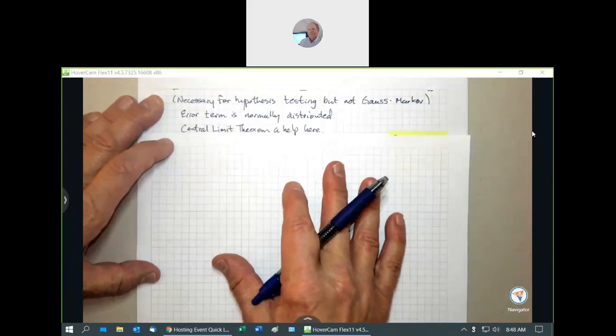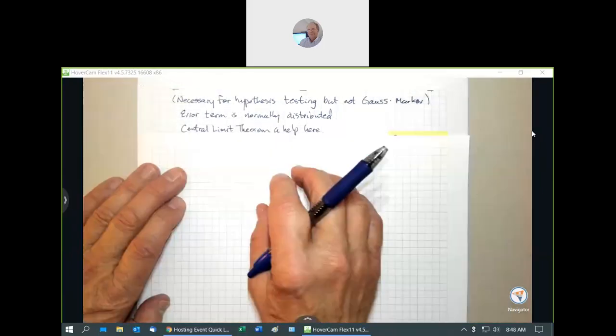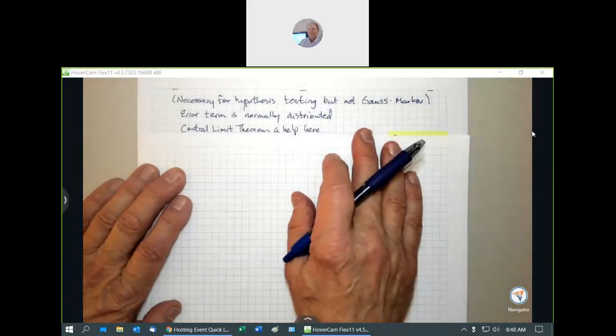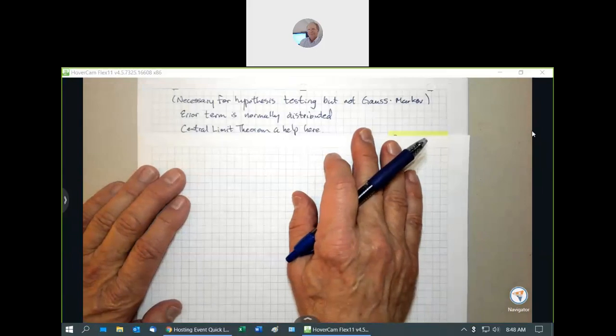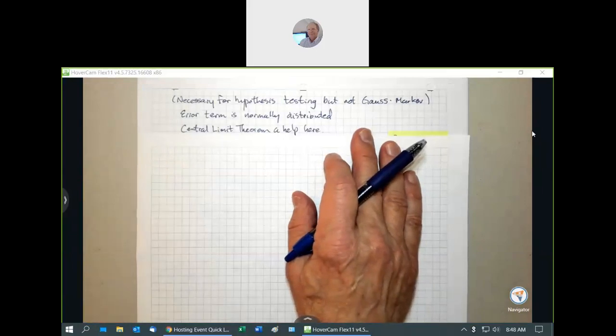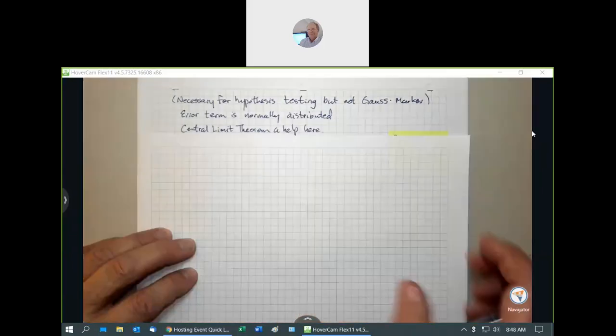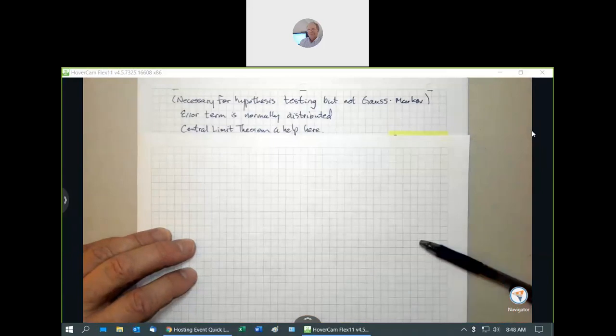And the central limit theorem is a help here because the central limit theorem tells us the conditions under which we can sample from a distribution that's not normal. Yeah, sample from a distribution that's not normal. And yet when we sample it and look at those samples, then those do turn out to be normal. Like you remember when we sampled from a binomial distribution and we got a normal distribution with those estimates.